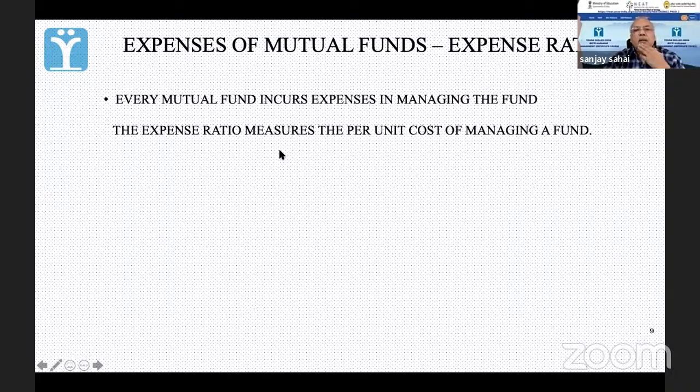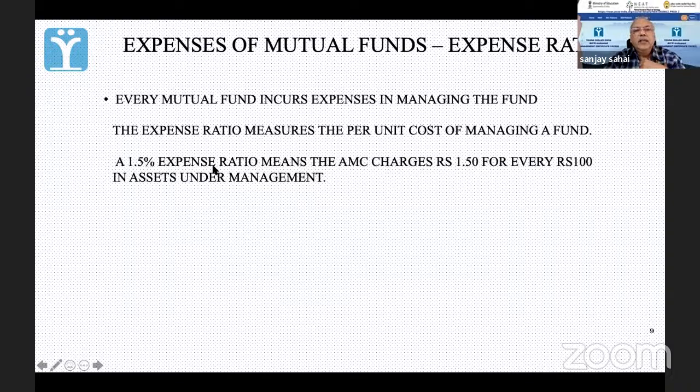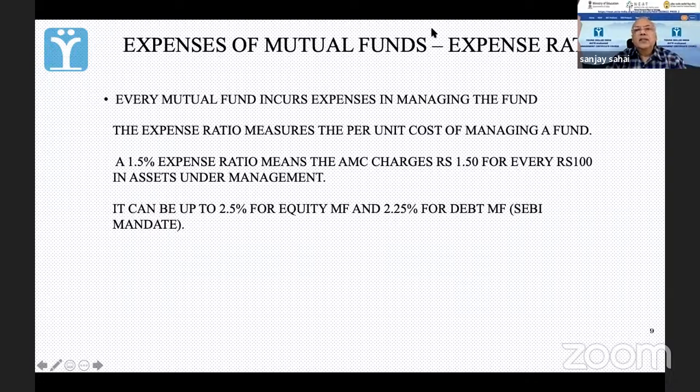This expense is spread across all the units, and everybody who invests in these funds will have to bear it. So when you invest in a mutual fund, it is in return for the expert advice that you're getting from the fund manager, in return for the benefit of diversification that you have.